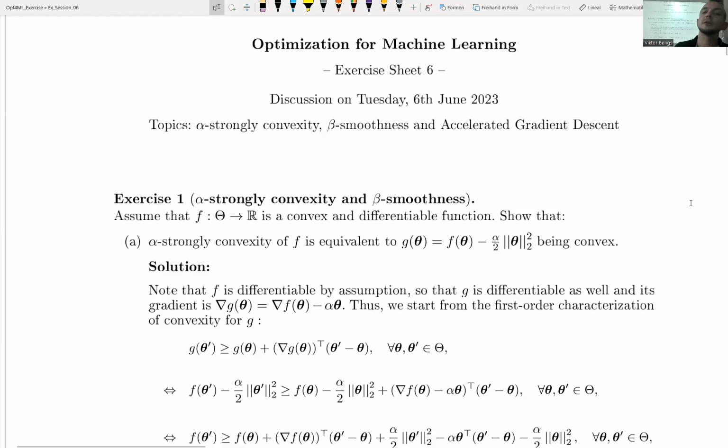And since in the lecture 2 weeks ago, not the one today, we have introduced the accelerated gradient descent, which is some kind of gradient descent with a more sophisticated momentum term, let's put it like that, we will also talk about the accelerated gradient descent.